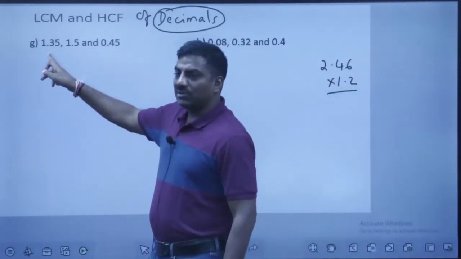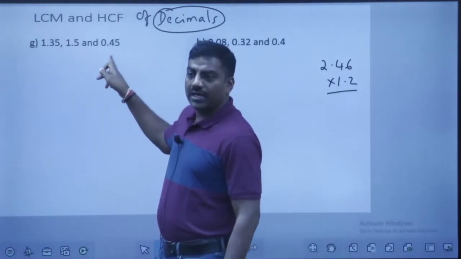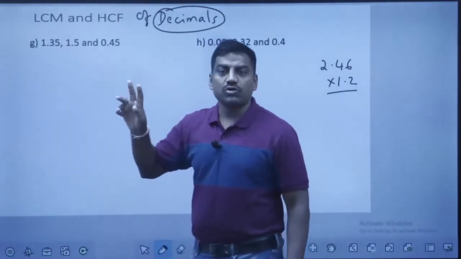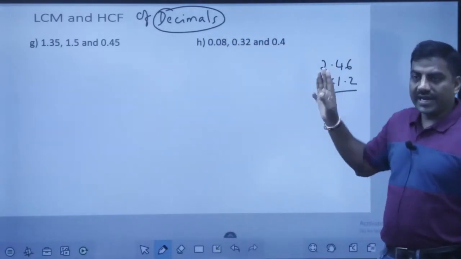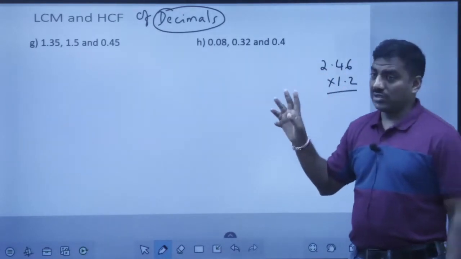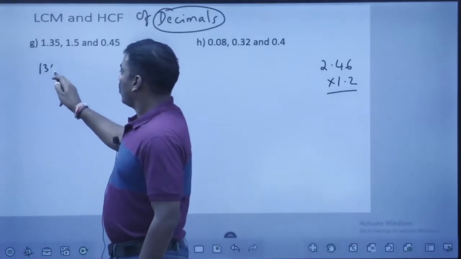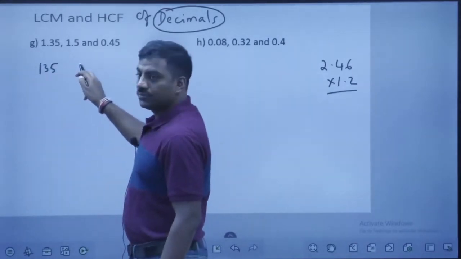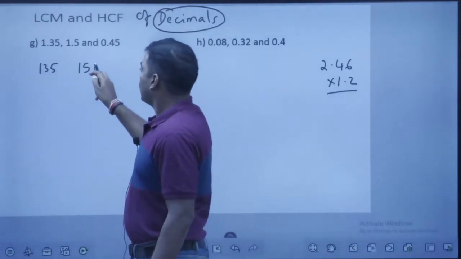In this, after the decimal point, how many places are there? Here, here. So basically we have to jump twice, or shift the decimal point towards the right for all the numbers, not just one number. So this will become 135. This will become 15 or 150. Very good. This one.